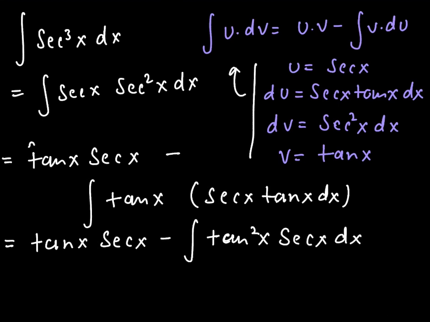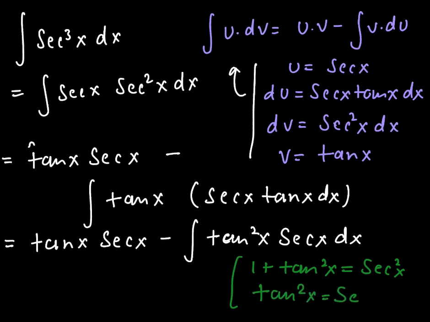Here we are going to use a trigonometric identity which states that 1 plus tan square x equals secant square x. So tan square x is going to be secant square x minus 1.